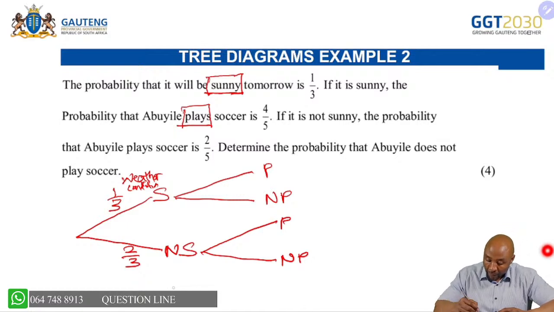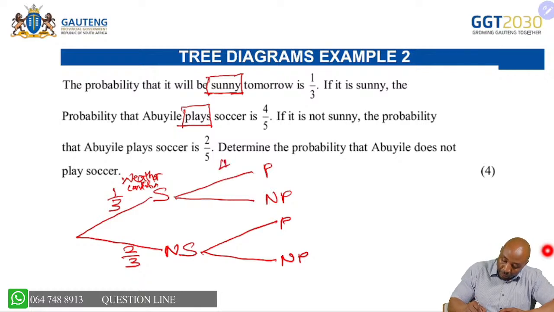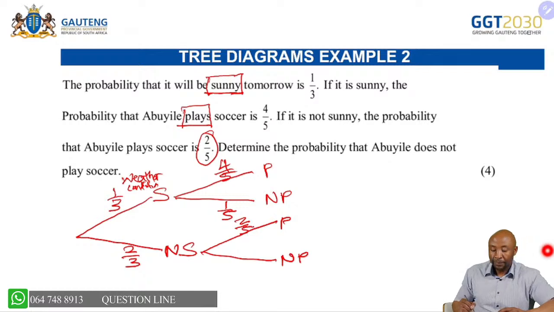It says if it is sunny, the probability that he plays soccer becomes 4/5. So the probability that he does not play becomes 1/5. If it is not sunny, the probability that he plays becomes 2/5.